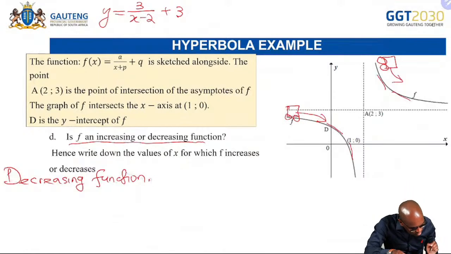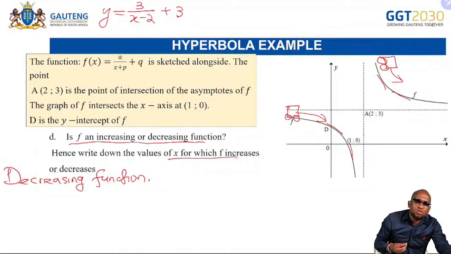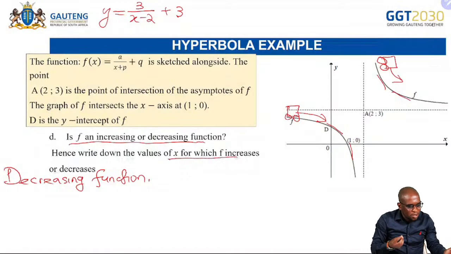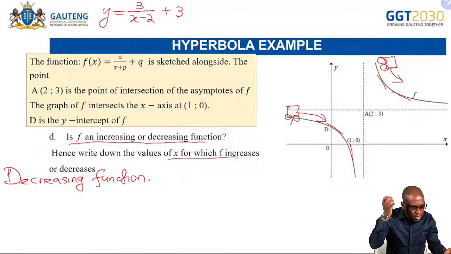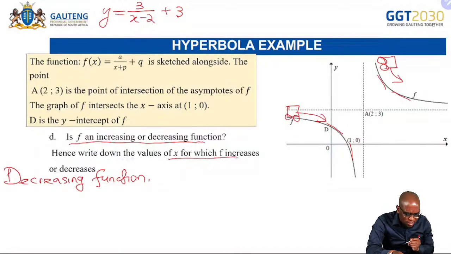Now the examiner decided to spice this up by saying, write down the values of x for which this function increases or decreases. Let's check the first arm. This graph moves from minus infinity up until here, where it is not defined.